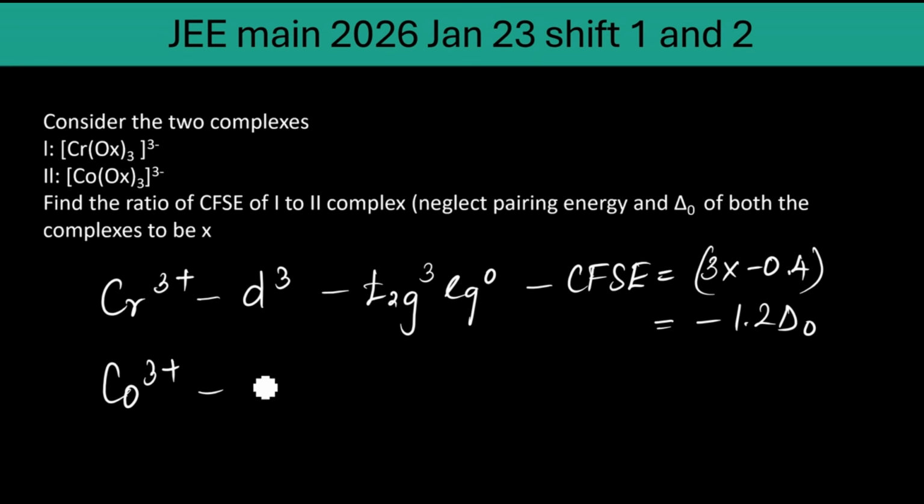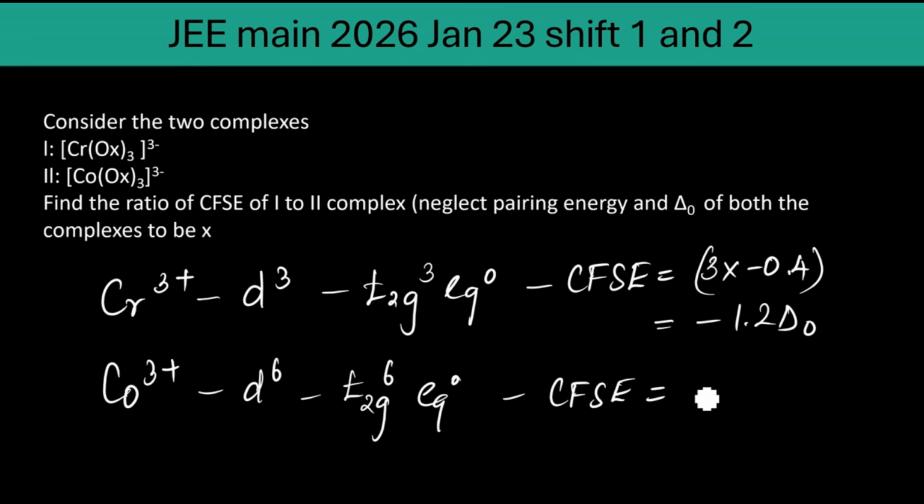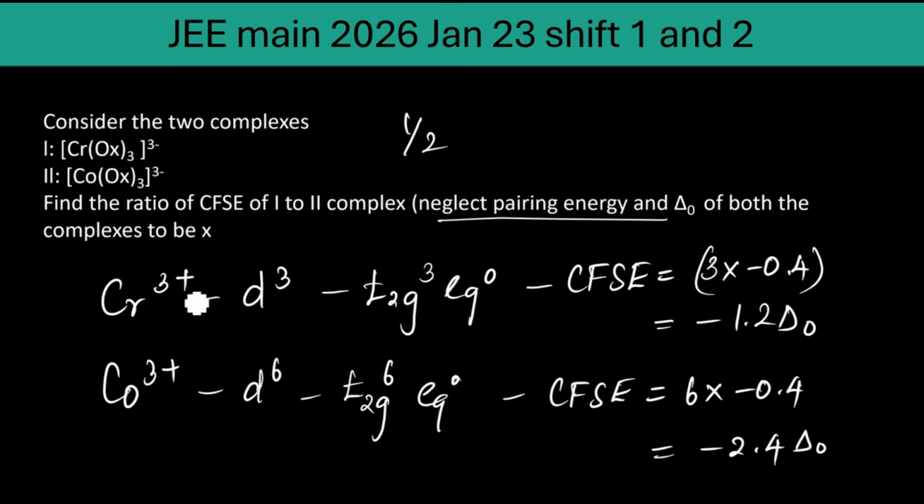Similarly for cobalt, which is in d6 configuration. Oxalate is a strong field ligand definitely, so this will become t2g6 eg0. So the CFSE is 6 into minus 0.4, that will become minus 2.4 X. They mentioned neglect the pairing energy and delta naught is X. So what is the ratio between these two, 1.2 and 2.4? The ratio is 1/2.